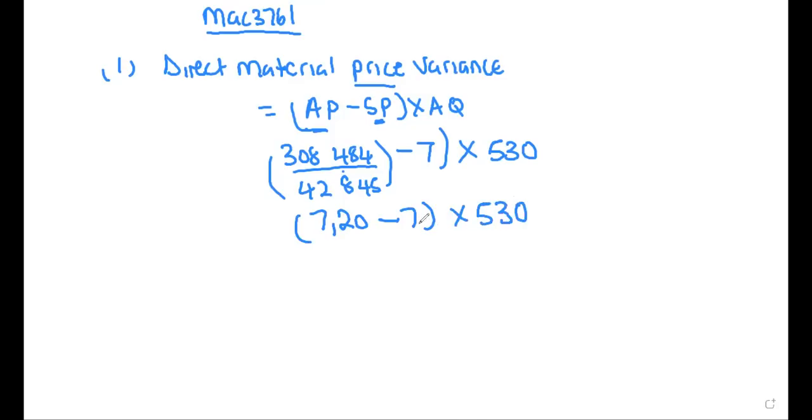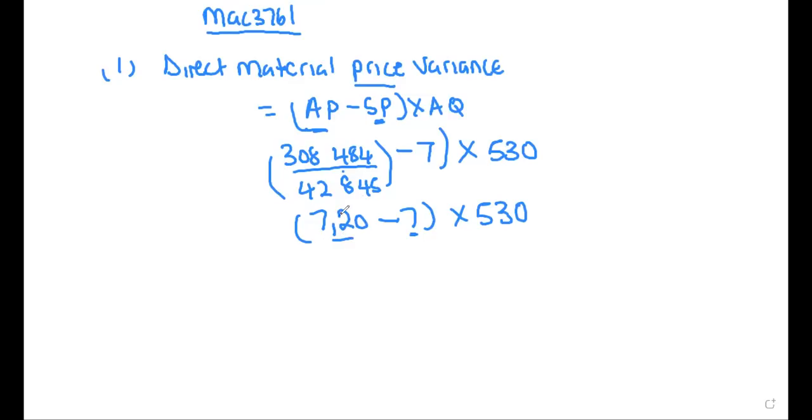When you are here, you should look at whether it is going to be favorable or unfavorable. This is the actual and this is the standard, and it's a cost variance. Remember when we started, I said there's a difference when you determine an adverse variance between a cost variance and a sales variance.